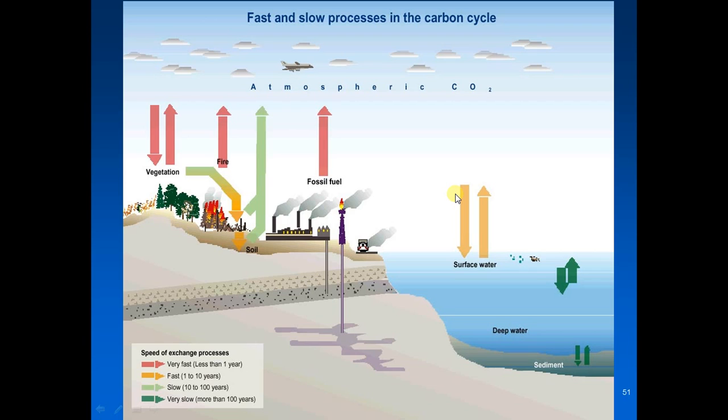But then we can start to look at the long-term carbon cycle here on this diagram. It takes more than 100 years, it can take hundreds of years, for that carbon dioxide in the upper part of the ocean to sink down.